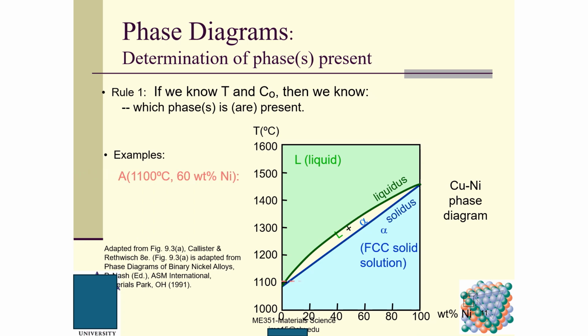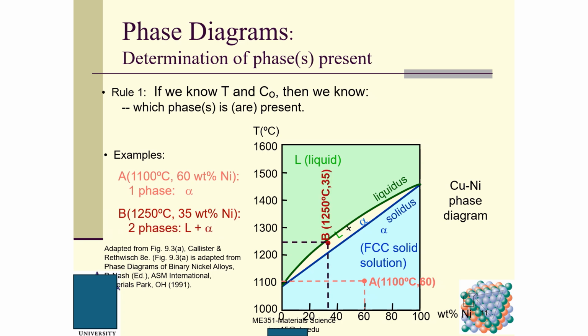Still using this example, at point A, 1100 degrees C and 60 weight percent nickel, you can see very clearly we have a solid alpha phase. For point B, we draw the temperature and the corresponding composition. Point B is located between the solidus and the liquidus curves, so at this point we have two different phases: one liquid and one solid.